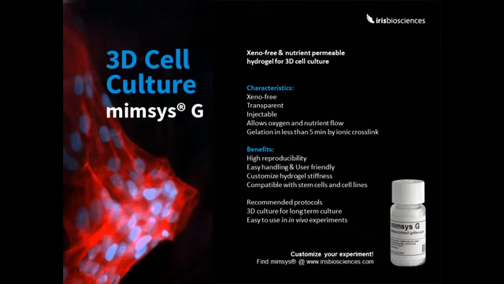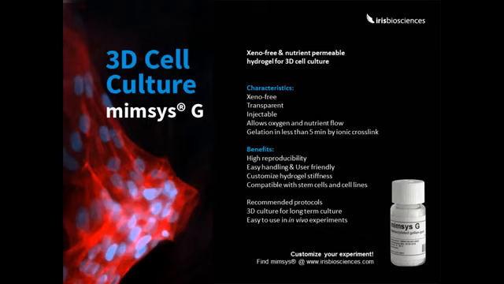So this is a slide just to summarize the major characteristics of mimsys and its applications for 3D cell culture. So first of all, it is xeno-free. It's nutrient permeable. It's transparent and injectable. And gelation occurs very fast, in 5 minutes, by ionic cross-linking.